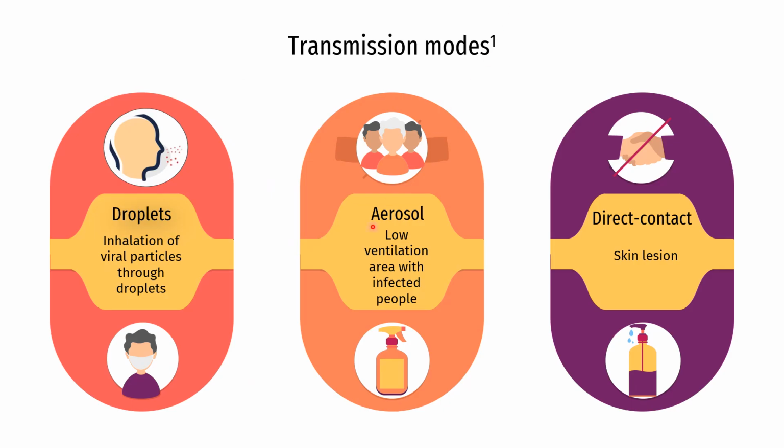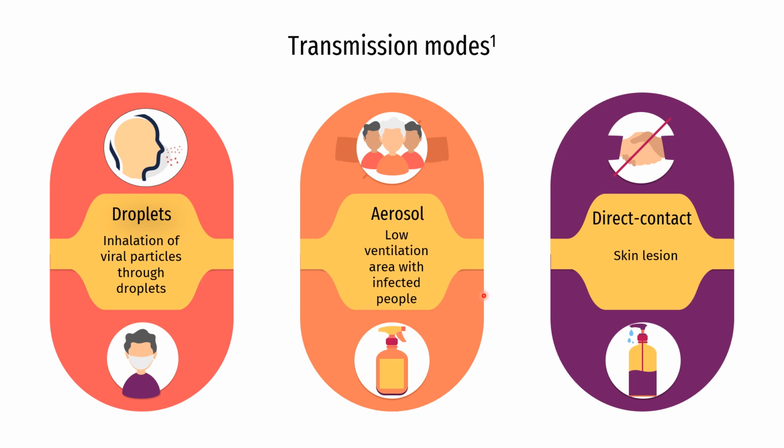Alright, so what is the transmission mode of varicella? The virus mainly spreads by the respiratory route, which is upper respiratory secretions such as droplets or aerosol. So you can be infected by inhaling viral particles through droplets from sneezing or coughing.